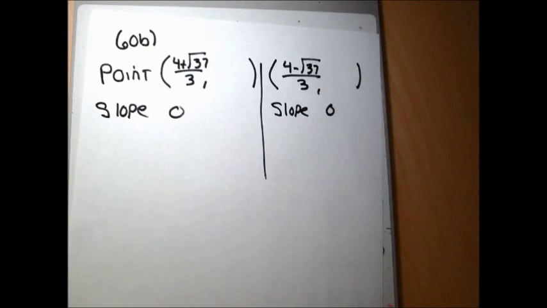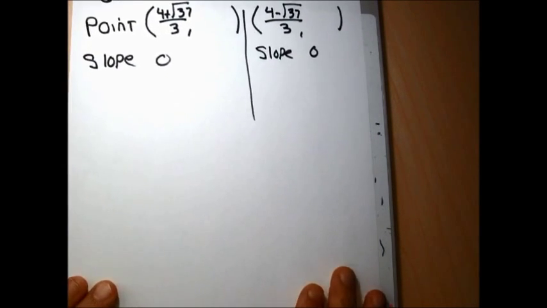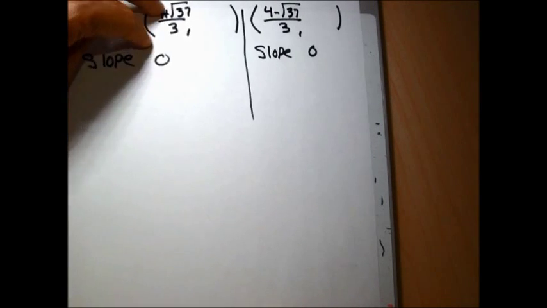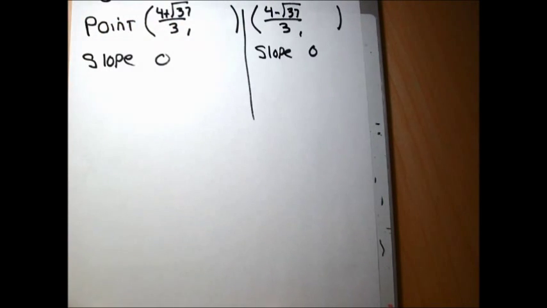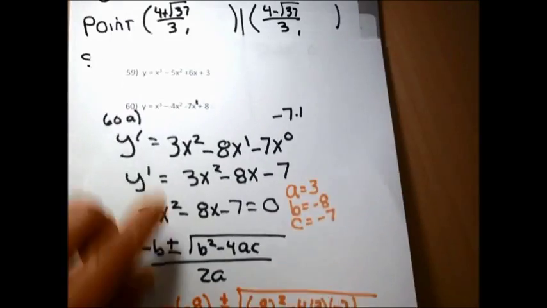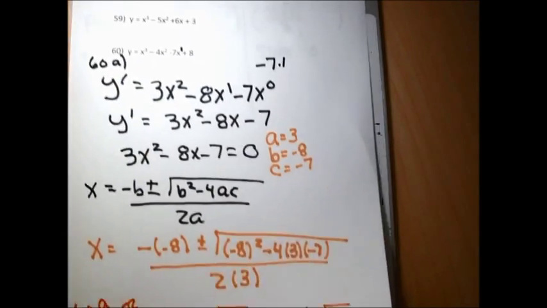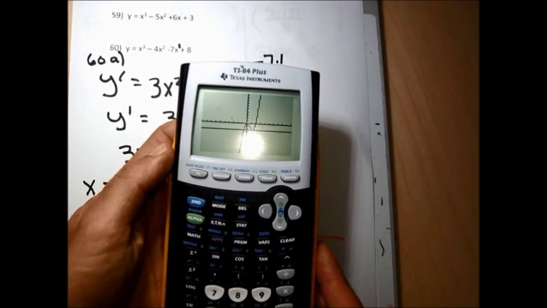There is nothing pleasant about finding the y-coordinates, and if I wanted to get a y-coordinate that wasn't a decimal, it would take me about 20 minutes and I'd probably make 3 mistakes and it'd be hard to follow anyway. So I'm going to let my calculator find the y values, and when the x values are this crazy, I get the y values by taking the original function, plugging it into my y equals, and then using the value feature.